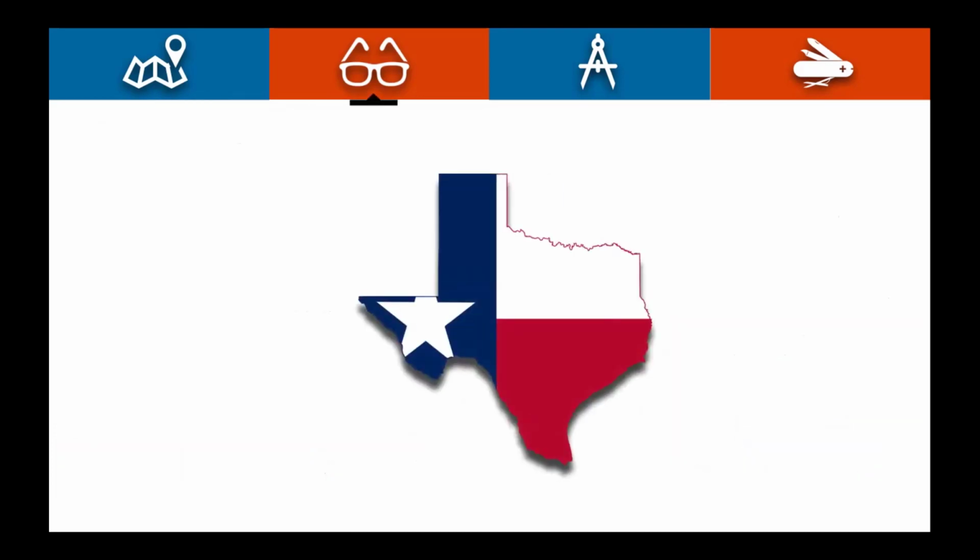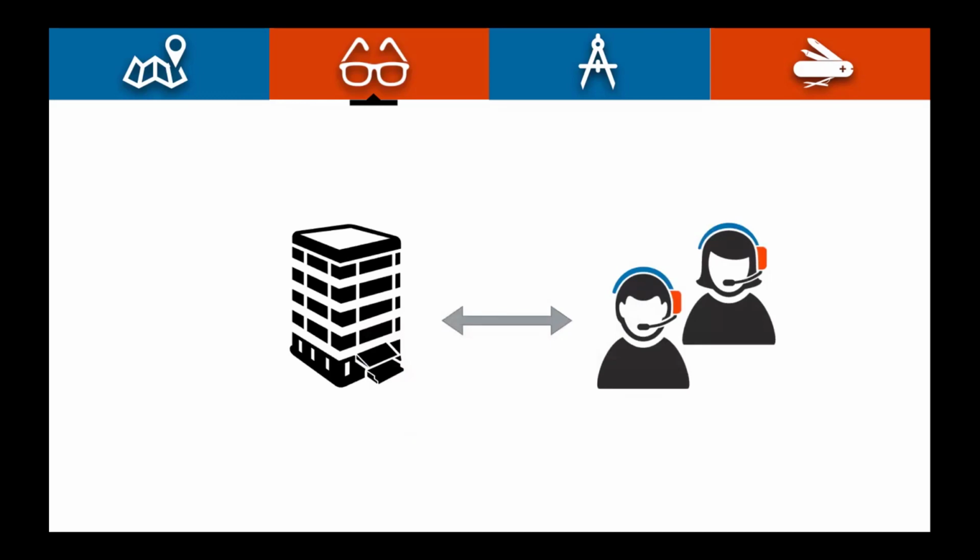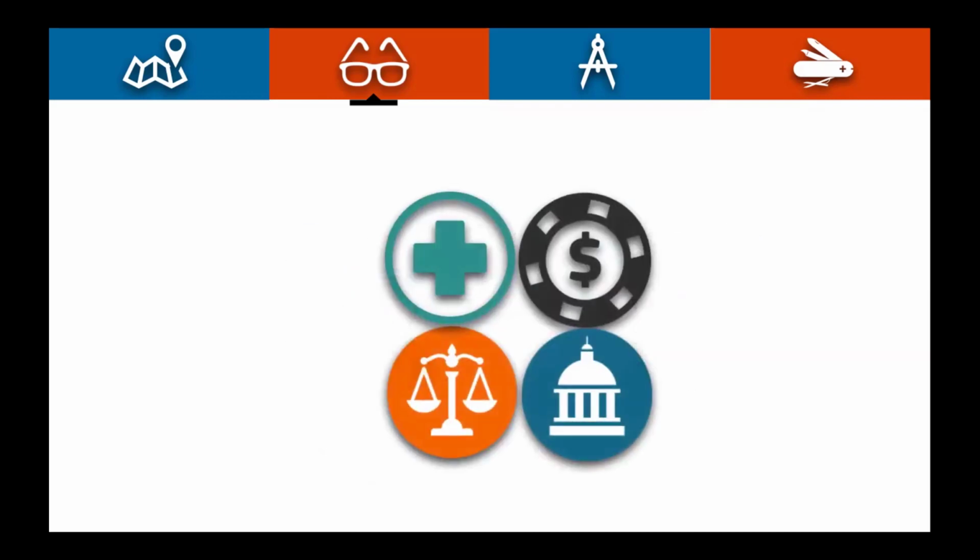Real quick about SecureLink, we're based in Austin, Texas, and we've been around since 2003. As I mentioned, all we do is help technology organizations maximize their efficiency connecting to customers while helping those same customers maximize their security. We're in multiple industries.